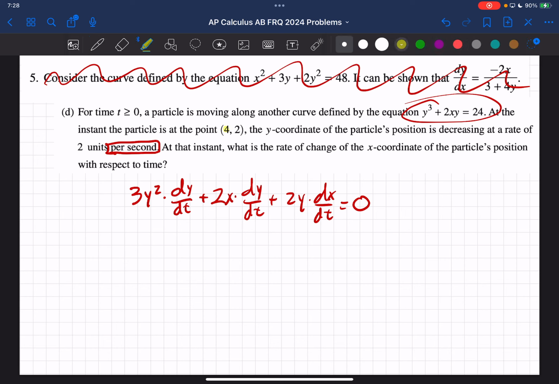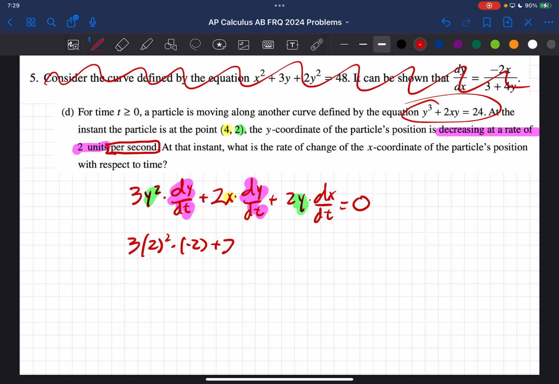So we have our x value of 4, so that's going to go here. We have our y value of 2, so that's going to go here and here. And then it says it is decreasing at a rate of 2 units per second, so that's going to go here and here, but that's going to be a negative. That's an important thing to keep in mind. When it's negative, that's because it's decreasing. So times negative 2 is 4.